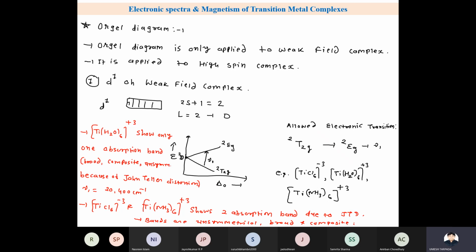It is very famous for Jahn-Teller distortion. In the case where you are getting two absorption bands for NH3 and Cl6 type complexes and one absorption band with the H2O complex, the two absorption bands are due to Jahn-Teller distortion.